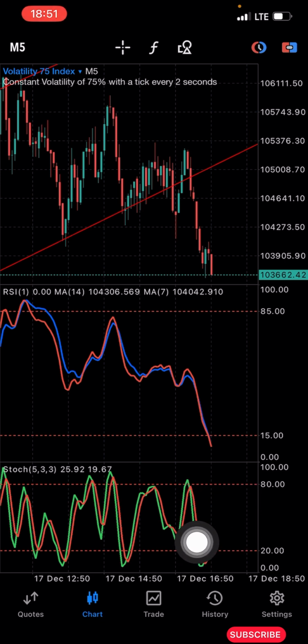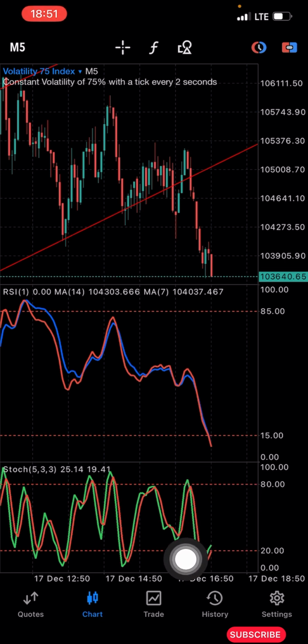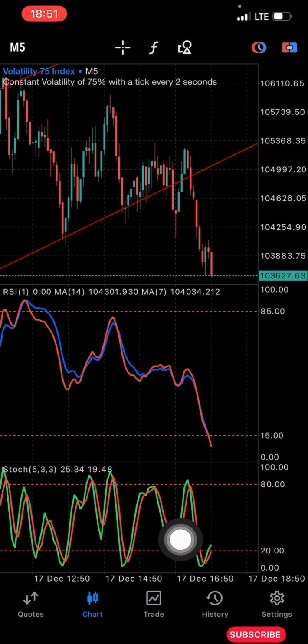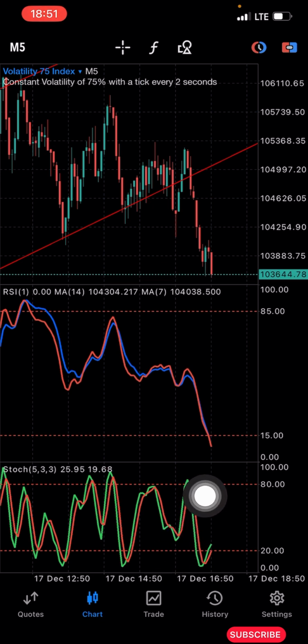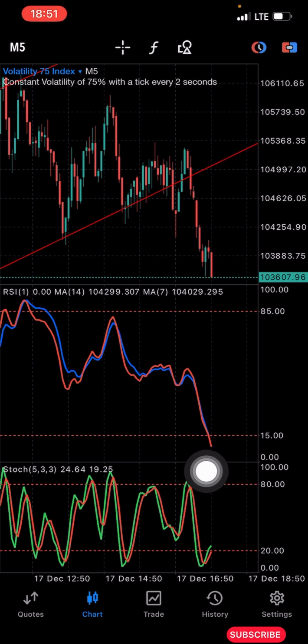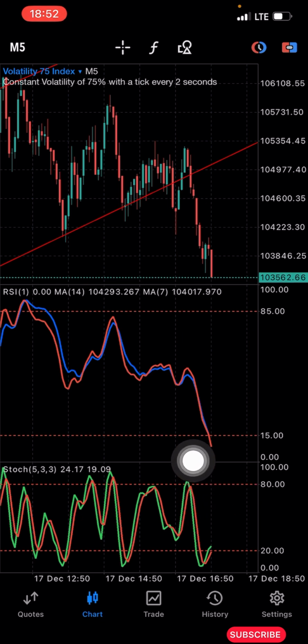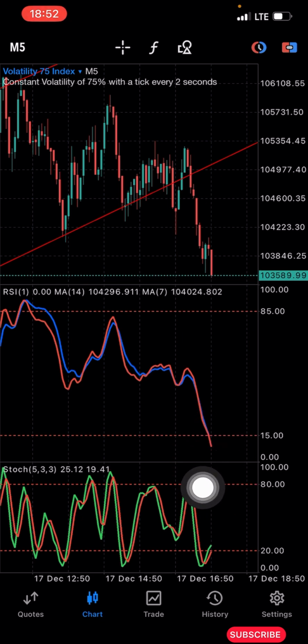The 5-minute condition is that you want to see the red and blue line get to the 80 level. Once it's at the 80 level, you want to see the green line crossing below the red. Once that crossing happens, you go in for your sell. This is a sell condition right now.